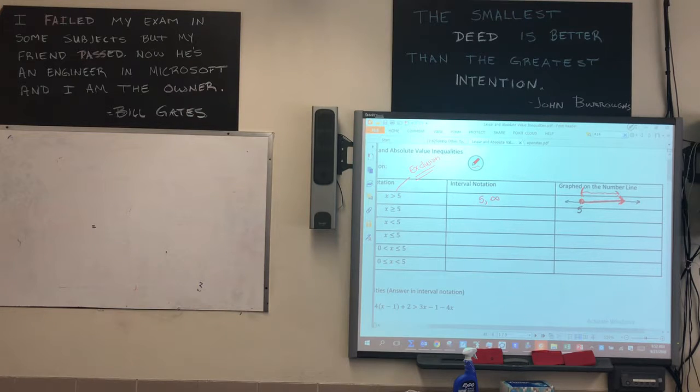So we need the same type of thing to occur in our interval notation. And the way we do that is, because we're excluding, we use a parenthesis. So we put a parenthesis around 5, and that tells everybody reading that 5 is not included. 5 is not an answer. The number directly to the right of 5 is your first answer. Does that make sense? Okay?